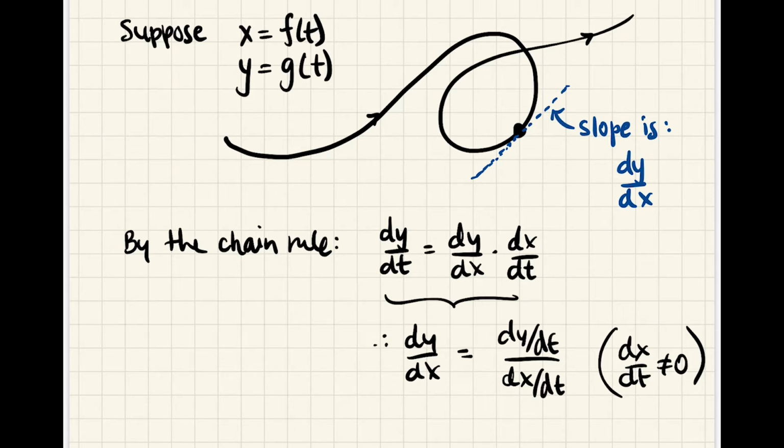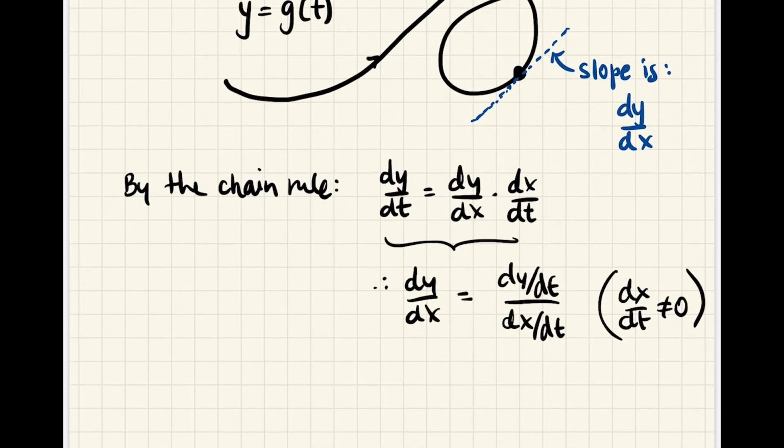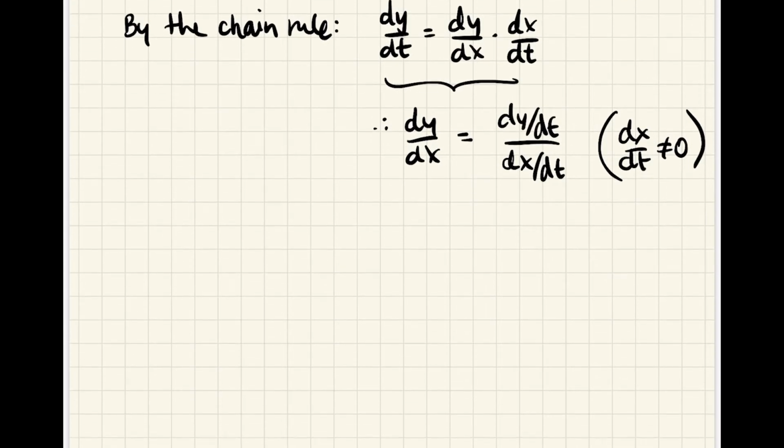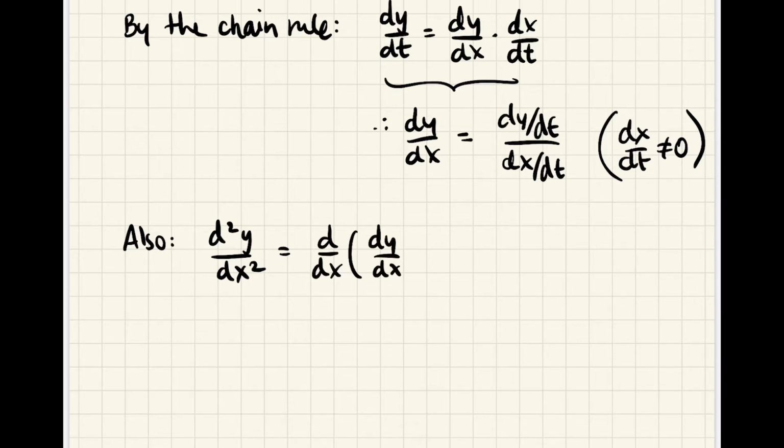Let's go to the second derivative, because we know that's going to give us information about the concavity of the curve at various t values, and that's not much harder to get. So the second derivative of y with respect to x, that of course simply means the derivative with respect to x of dy dx.